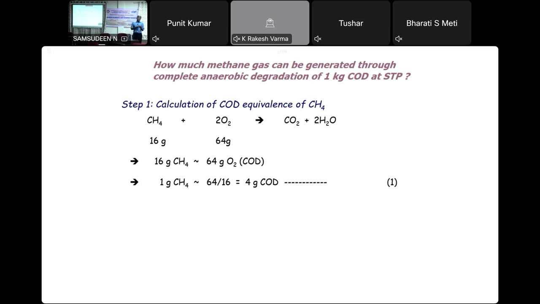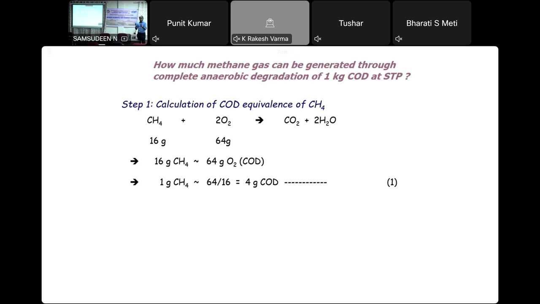Oxygen has 32, so you need 2 oxygen, which is 64. So you need 16 gram of methane and 64 gram of oxygen. That's your COD value. So 1 methane is equivalent to 64 gram of oxygen COD.